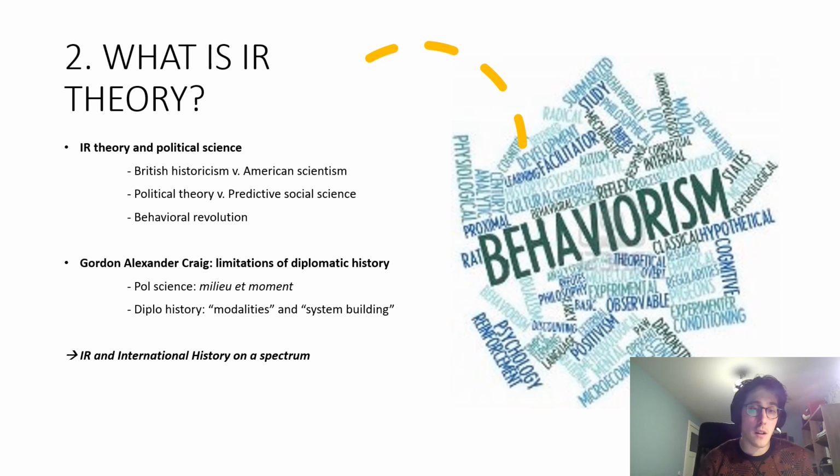In a way, Gordon Alexander Craig makes this argument that IR and international history sit on a spectrum of, on the one hand, you have detail, you have the moment, you have history, and then on the other you have big theory, not really rooted in any sort of particular historical moment.